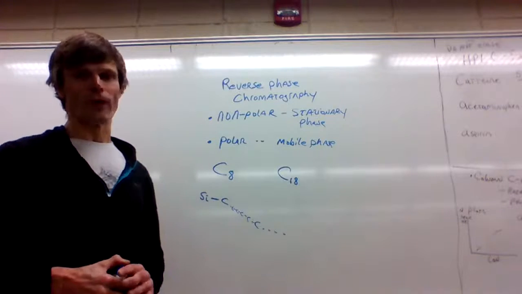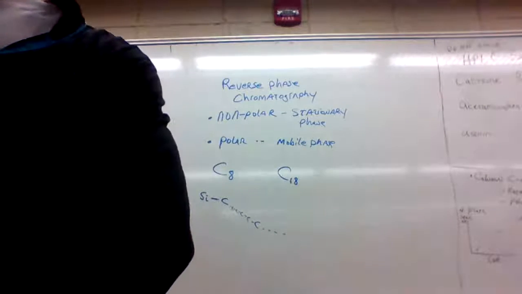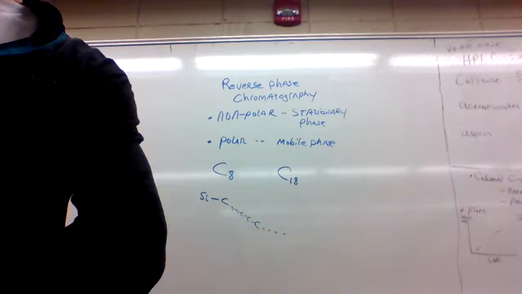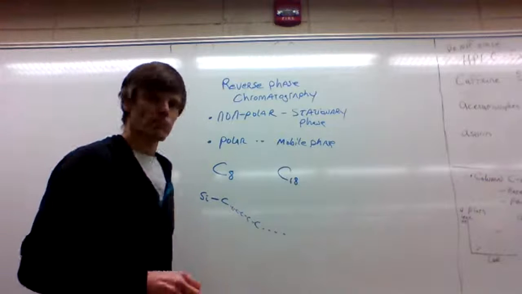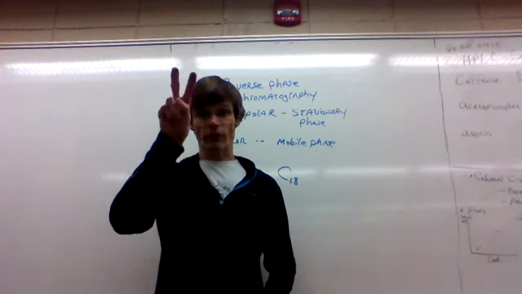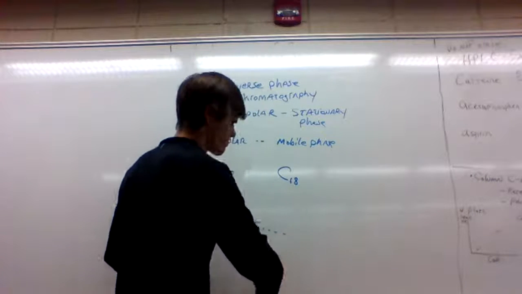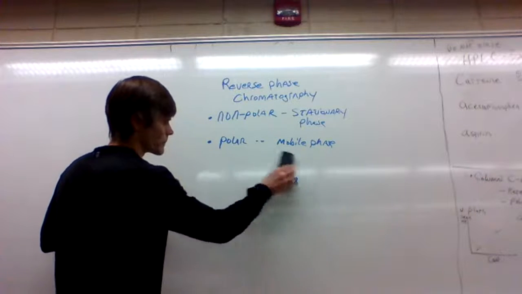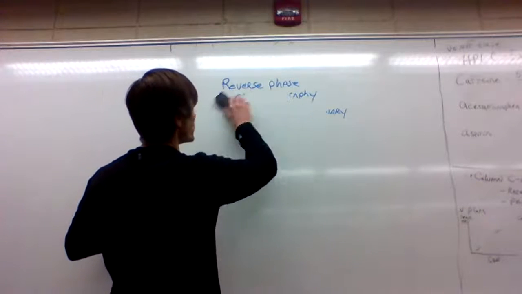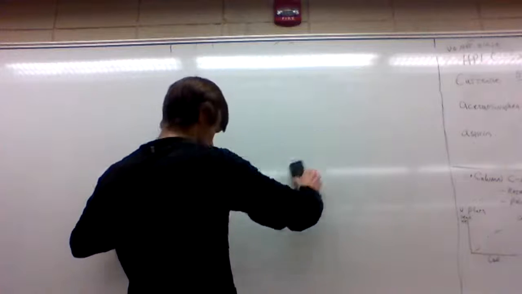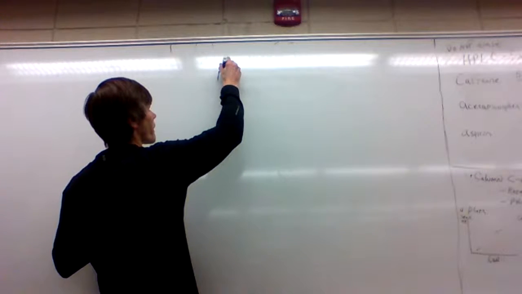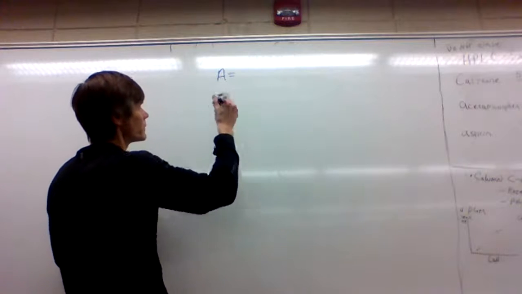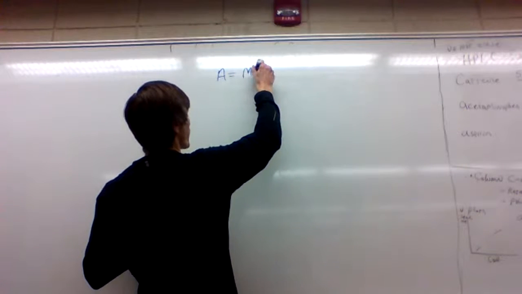Now, the mobile phases that we use for our liquid chromatography, as we showed earlier, there were two reservoirs. If you remember what I showed a few minutes ago, we had two reservoirs. We had one that was methanol.